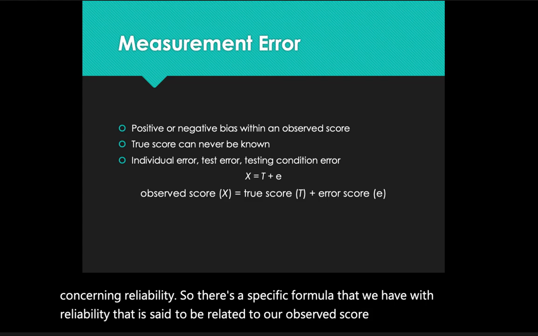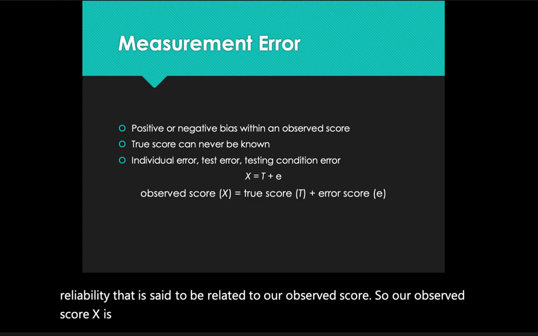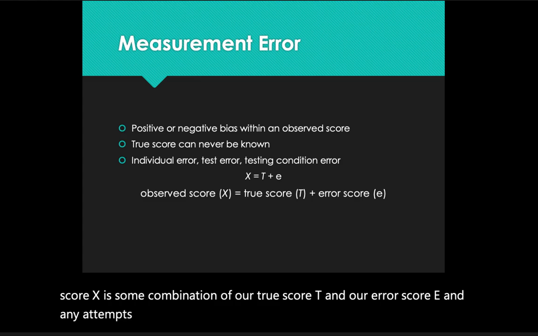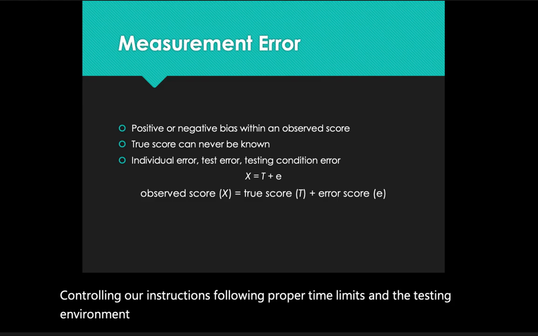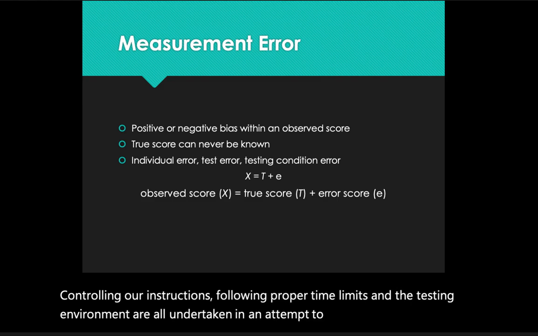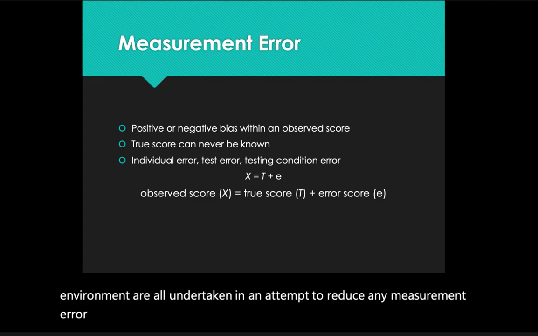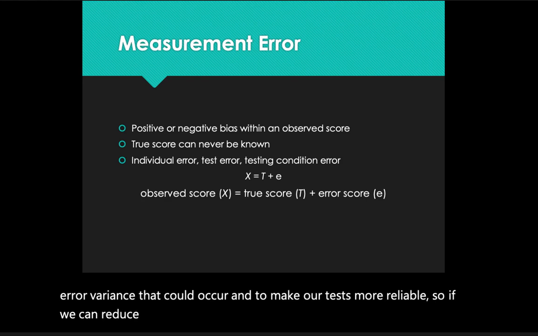Our observed score X is some combination of our true score T and our error score E. And any attempts that we have to maintain the uniformity of testing conditions by controlling our instructions, following proper time limits, and the testing environment are all undertaken in an attempt to reduce any measurement error variance that could occur and to make our tests more reliable. So if we can reduce measurement error, we can increase the reliability of our samples.